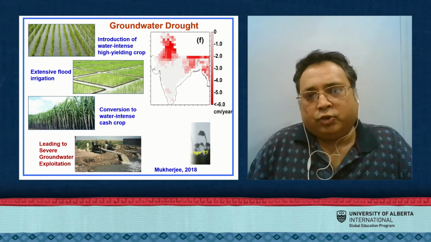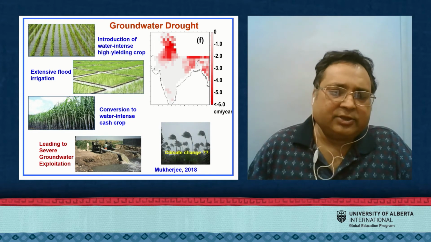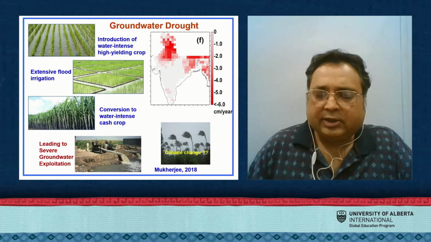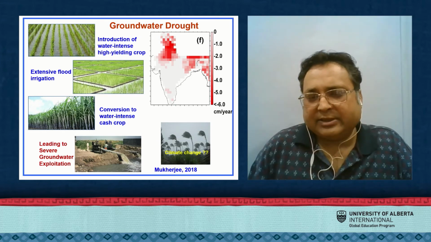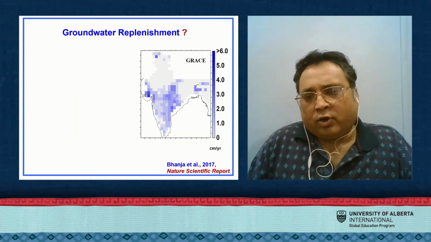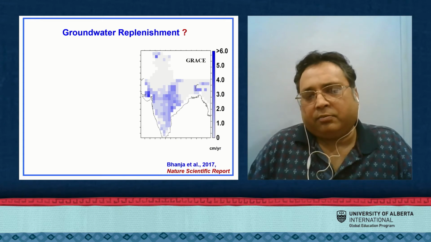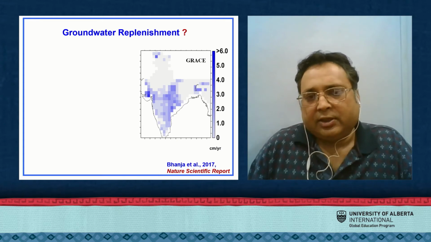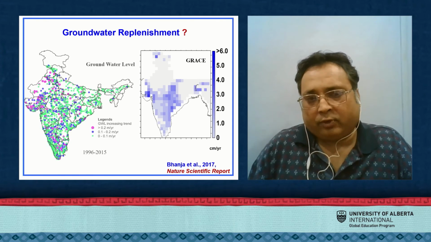Now, some people do talk about climate change impacts. I'm not a climate change scientist, so I would refrain from commenting on it. However, I doubt that within 10, 15 years you can really see a climate change impact. On the same note, as a silver lining, we do see chances of groundwater replenishment. This is a new finding, and we were not very aware of it before.